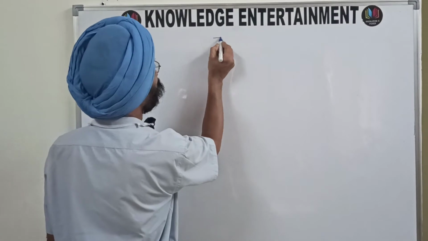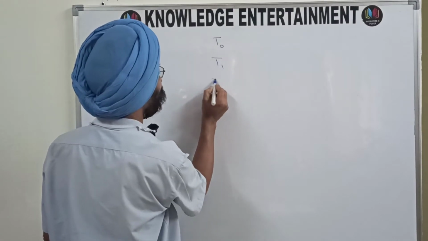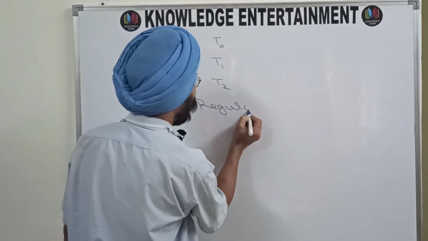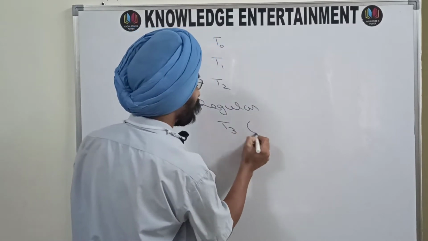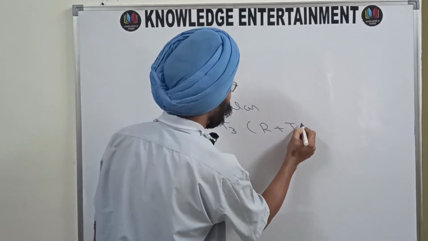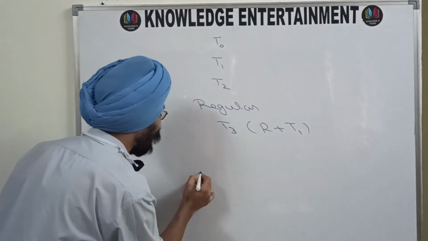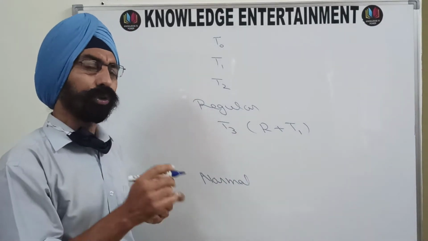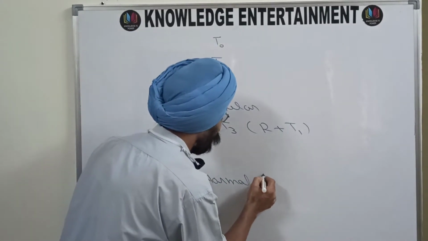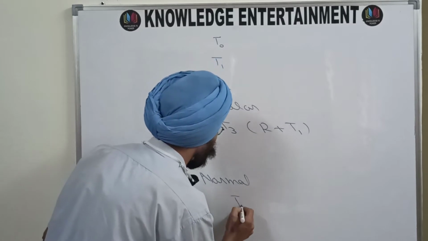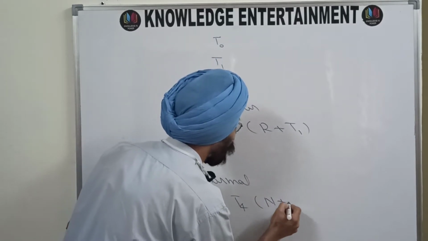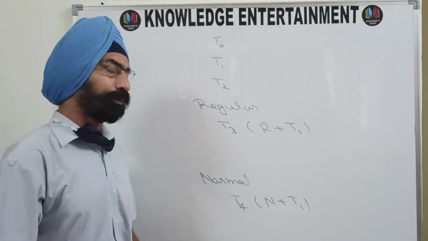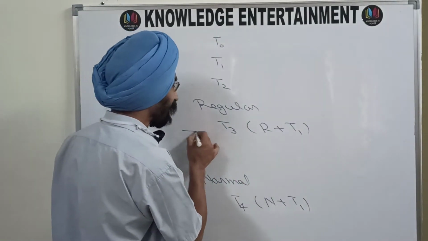So first of all there is T0, then T1, then T2, then there are regular spaces, and if a space is regular as well as T1, then it is T3, and then there is the normal space which we are going to study today. And if a space is normal plus T1, then it is a T4 space, but there is a space in between these two, so there is a gap.